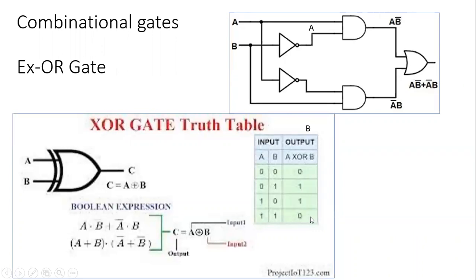So what does XOR do? XOR is symbolized as A XOR B, where plus and a circle is there, and the symbol can be represented as OR having a curve just before it. That makes it XOR. So this entire circuit can be represented with a single symbol of XOR, and this entire equation of A B bar plus A bar B can be represented as A XOR B.